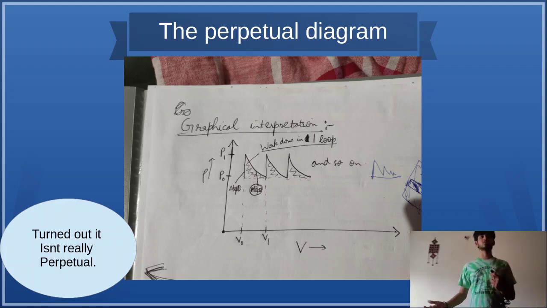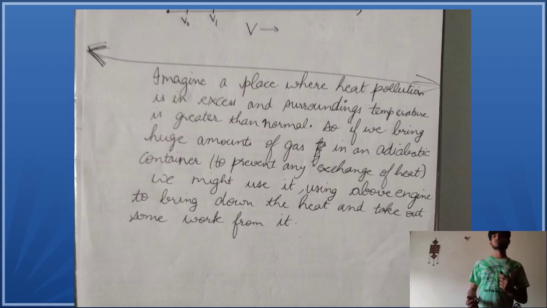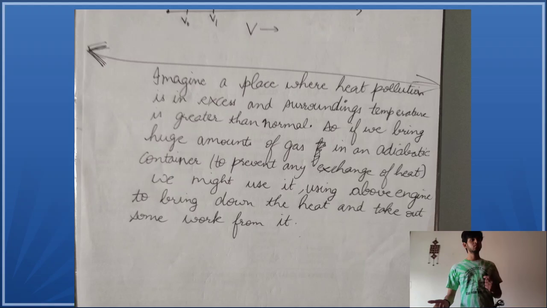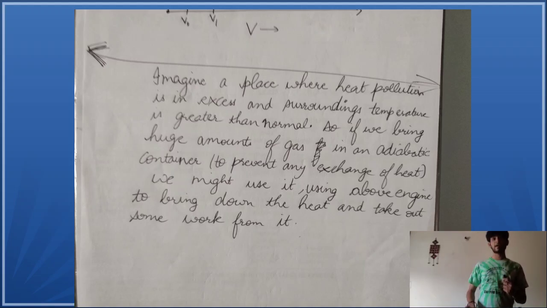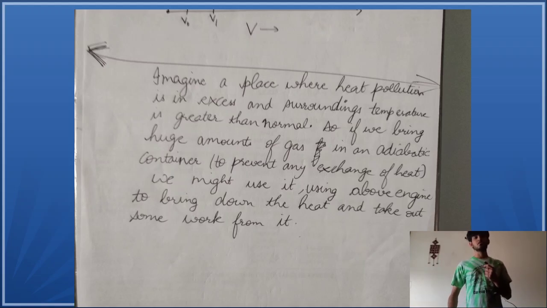And once I drew it, I thought about where I could actually use it. So I had this idea that this can be used as a kind of air cooling system. Now obviously it wouldn't be as effective as other air cooling systems like the AC or the cooler, but when a lot of heat is produced in the surroundings, for example in motor engines or in the silencers of our motorcycles, the gas released is very hot, which makes the surrounding very hot.